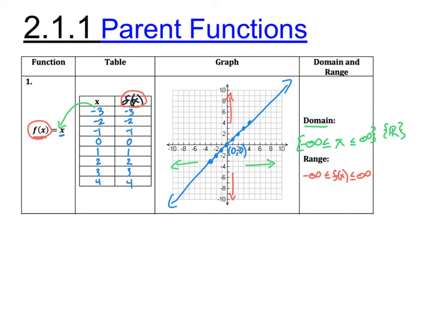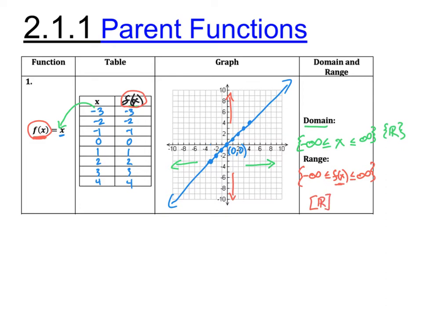The function does not use y, so I have to use the function notation there for the range. Again, you could use square brackets if you want. You could say all real numbers is your range as well.